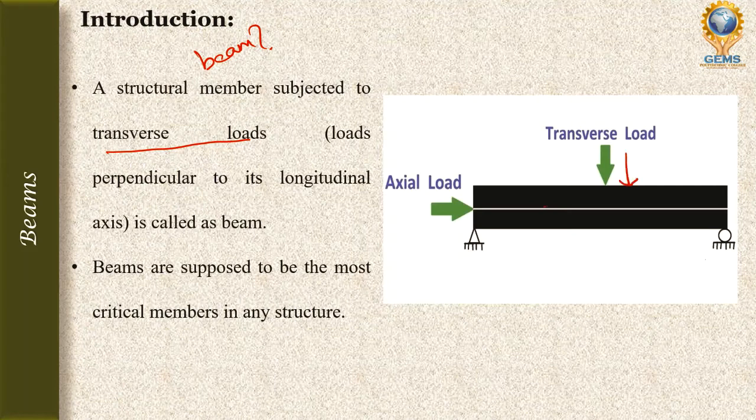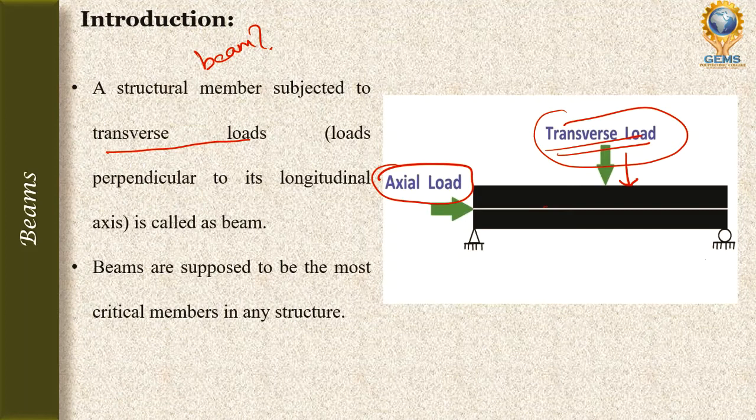If the load is parallel to the longitudinal axis, we call it an axial load. If it is perpendicular to the longitudinal axis, we call it a transverse load. Any member that is subjected to transverse load, we call it a beam.